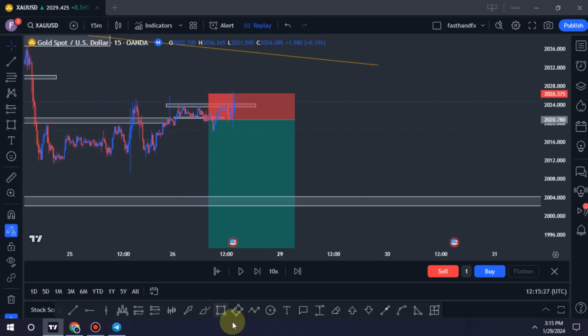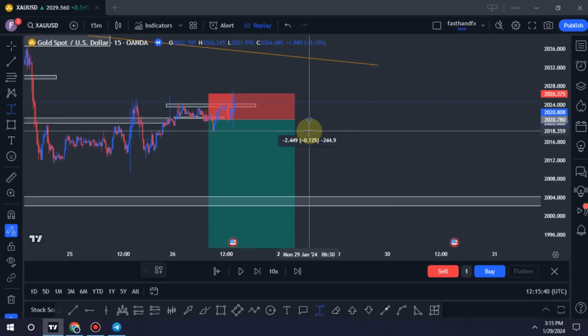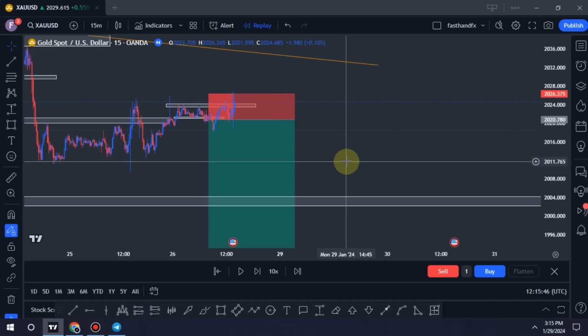So I was like, yo, what the hell? If you watch my previous video, guys, I kept on saying, yo, with my strategy, if you're a scalper, you can at least get something out of this market before it stops you. So price gave us something like 24 pips before going against us, you see. But that's because of news.